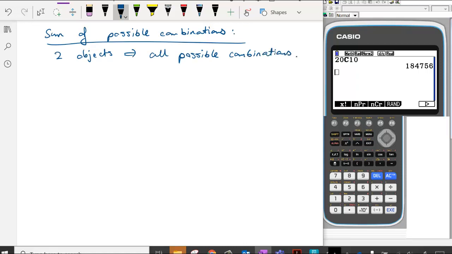We could choose 0, 1, or 2. So the number of 0 selections, or the number of 1 selection, or the number of 2 selections. That means we're looking at 2C0, 2C1, and 2C2.